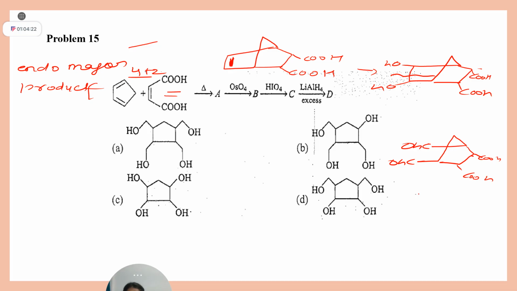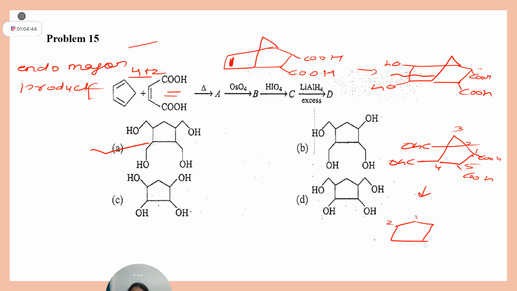So, which option is that? I hope option A is correct. Let me write. I just numbered it. Draw a 5 membered ring.